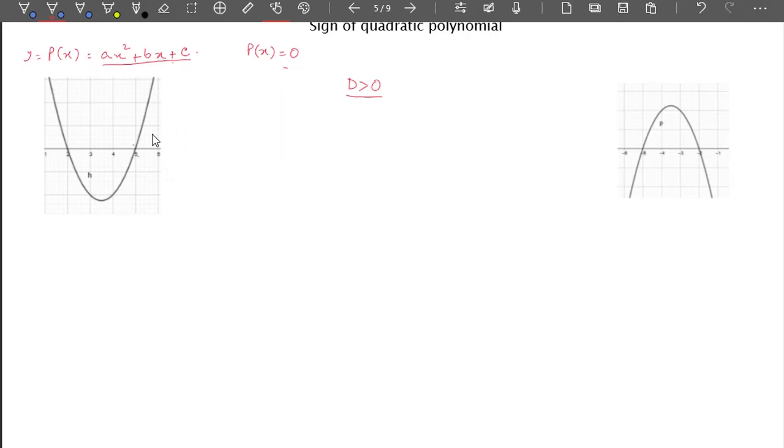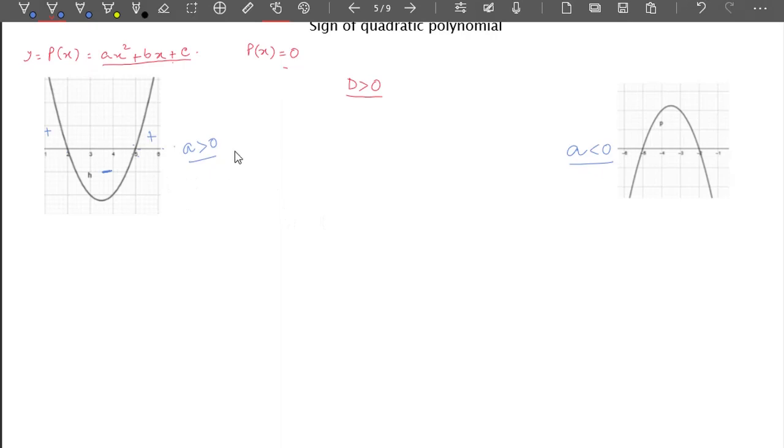Now here in this portion, after the root, this is positive, this is also positive, and this portion is negative. Okay, this is the case of a greater than 0, and this is the case of a less than 0. That is, we get some inference from it.